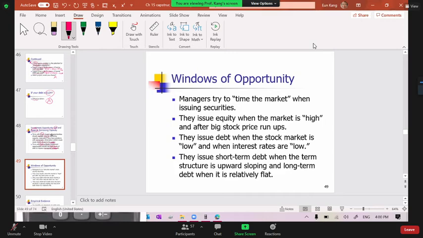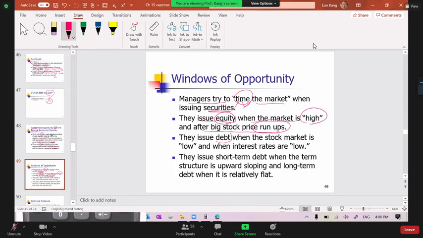So that says that managers try to time the market when issuing securities. So they issue equity when the market is high, meaning what? Stock price is high, or after big stock price run-ups, so that they try to take advantage of the high stock price. That's what timing the market means.